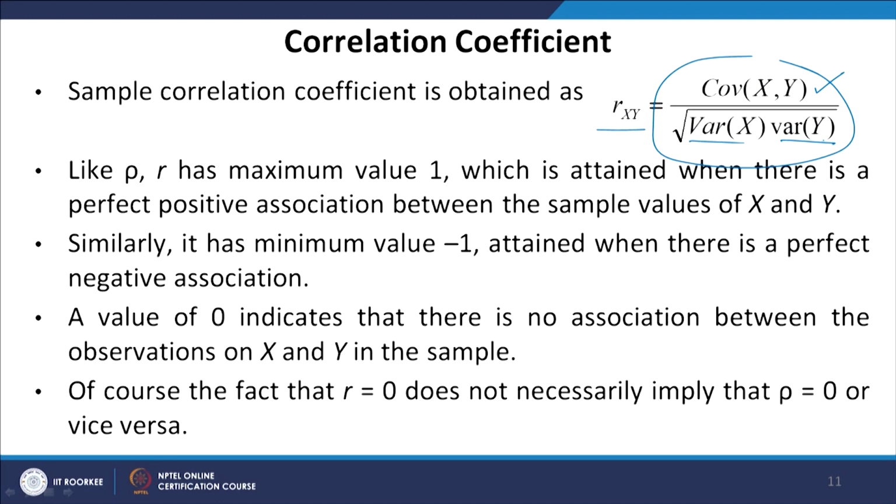Of course, the fact that R equals 0 does not necessarily imply that rho equals 0 or vice versa. If you are observing a 0 value for the sample R, this means the sample that I have picked up from the population is not showing any correlation between the two variables x and y. But that does not necessarily mean that in the population, which could be much larger than the sample, there is no correlation between x and y.